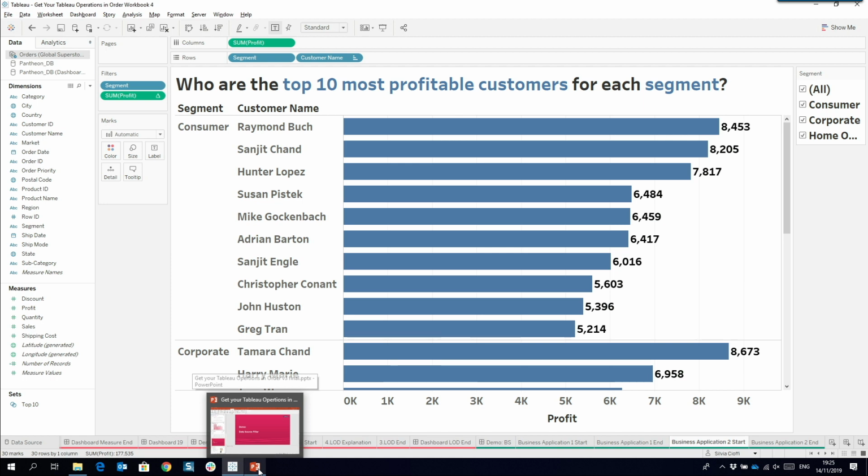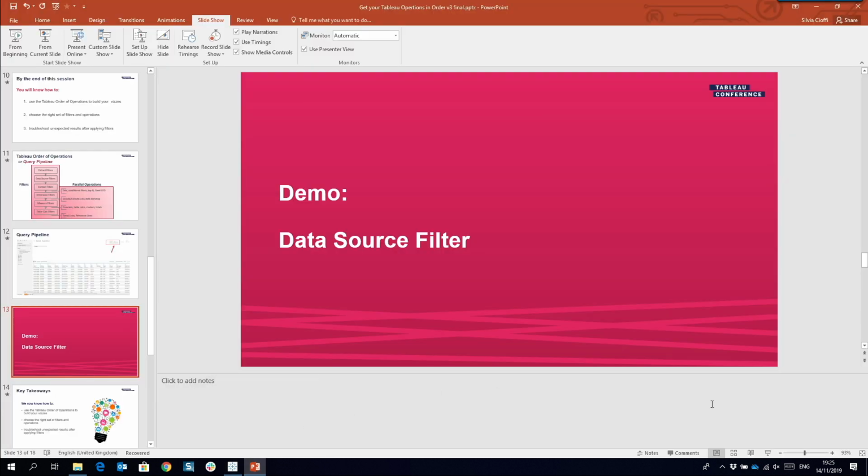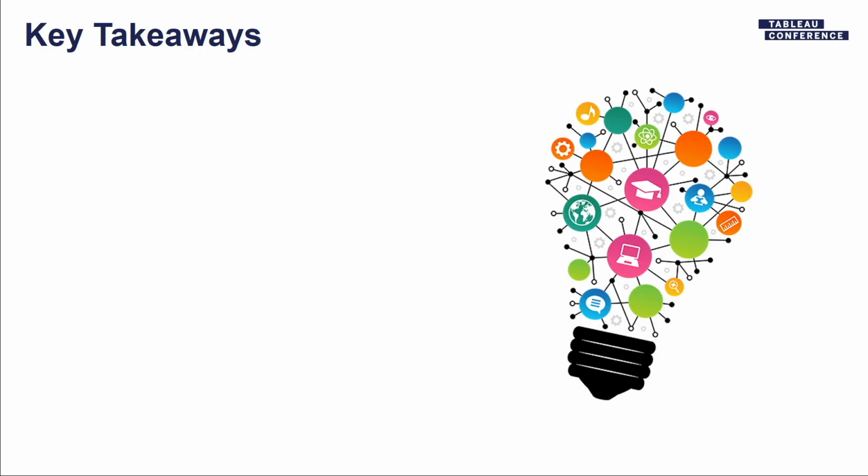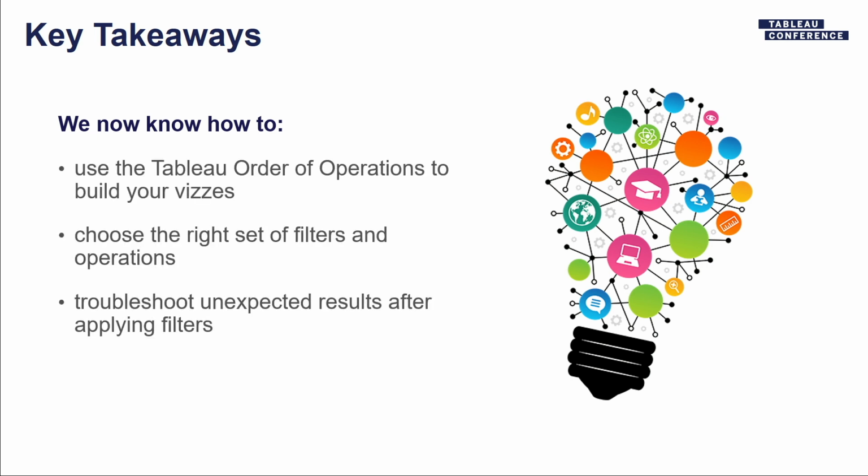So this was the last example, but before leaving you, I'm going to give you my last key takeaways. I told you at the beginning of the session that by the end, I wanted you to know how to use the Tableau order of operations to build your visualization, and how to choose the right set of filters and operations.